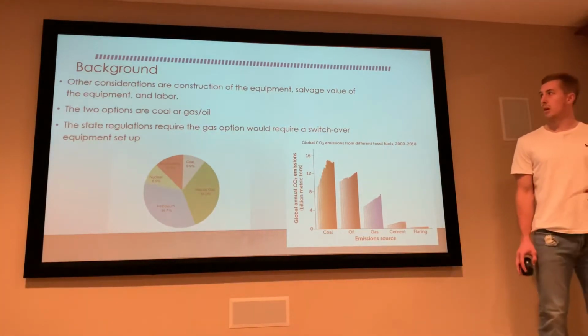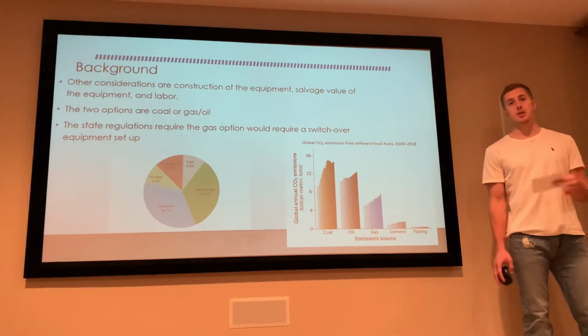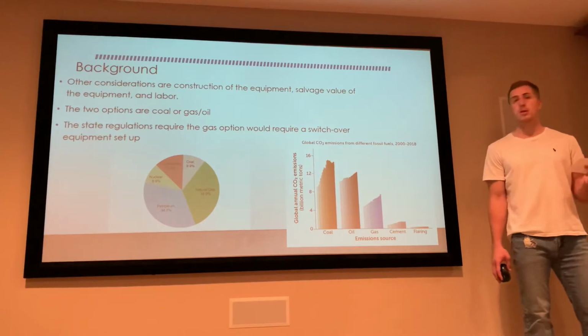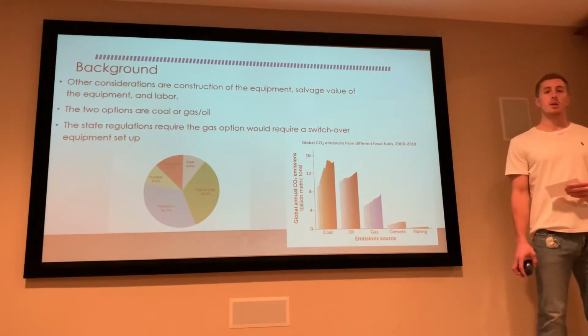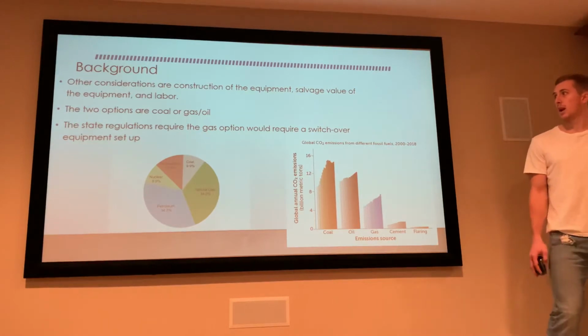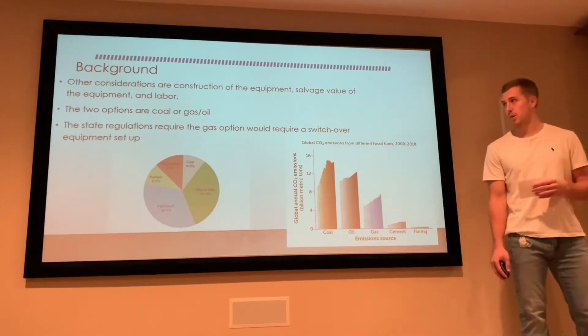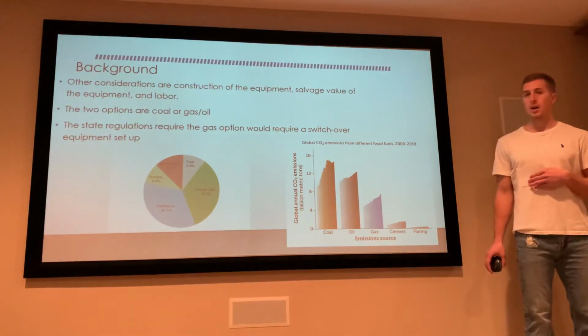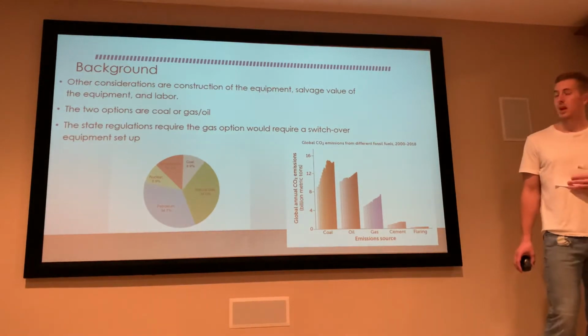The two options are coal and gas/oil. Oil and gas must have a switchover equipment setup because the surrounding community depends highly on gas and oil for their power supply. On the pie chart over there, we can see the fuel consumption for the United States in 2020.